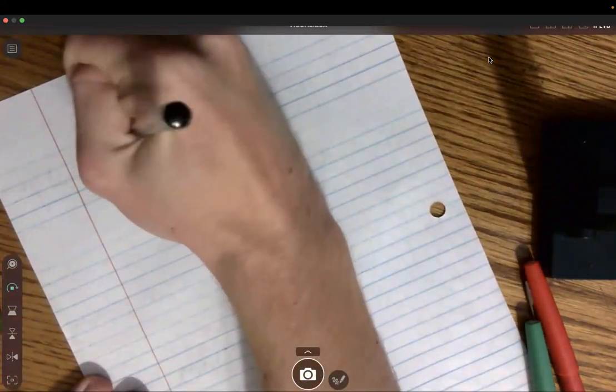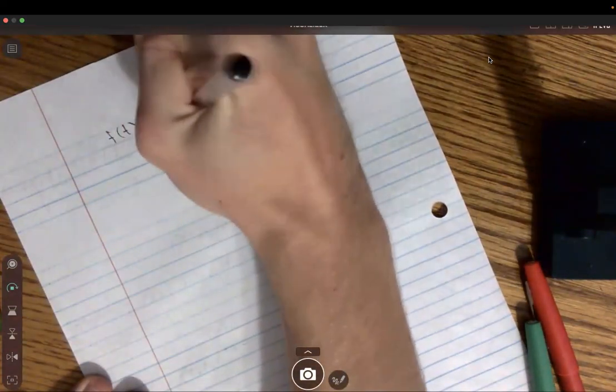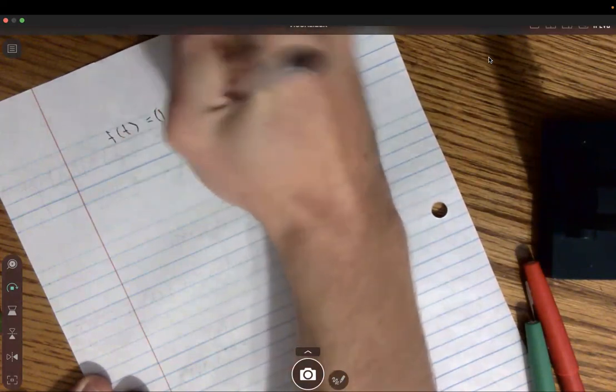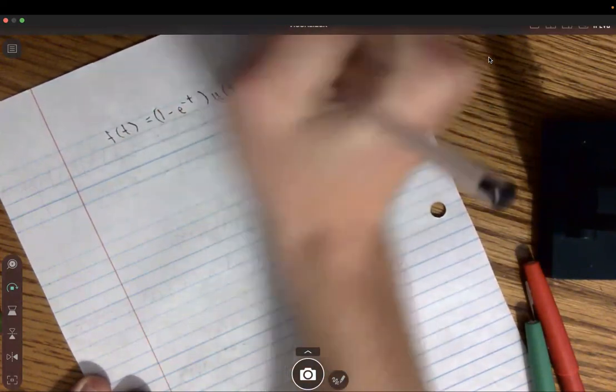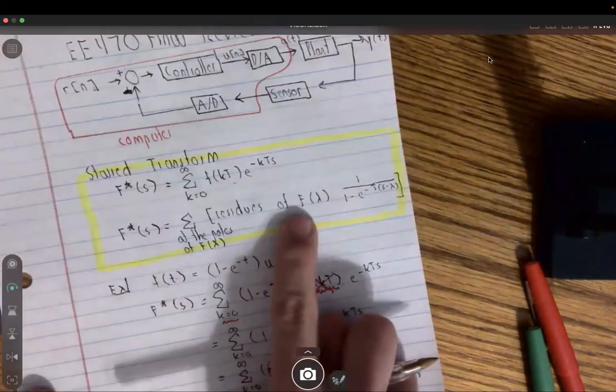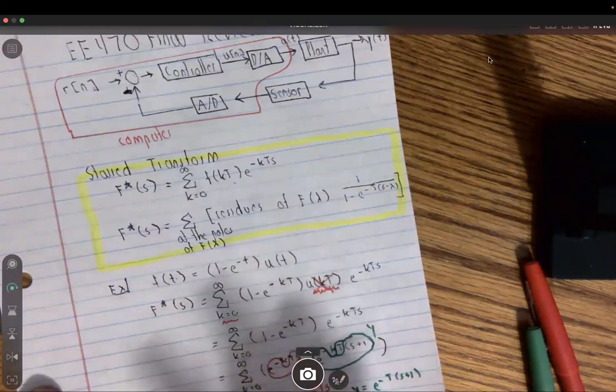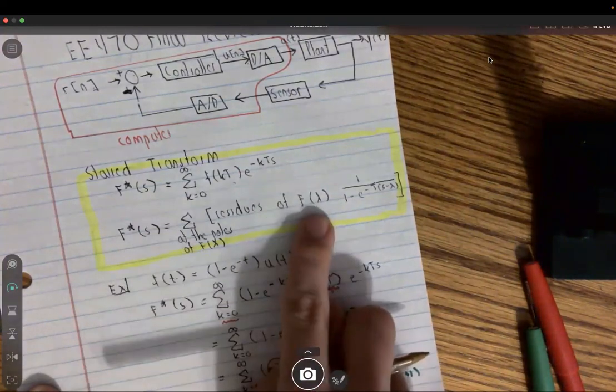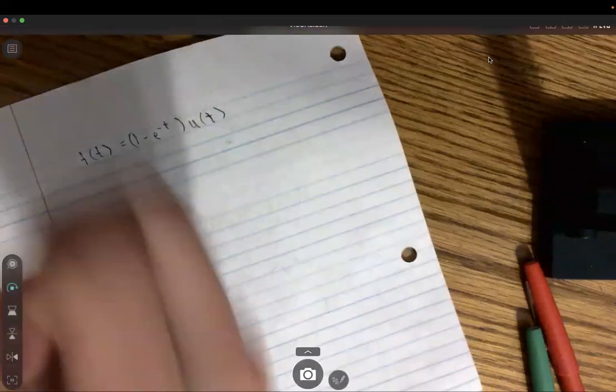But the alternative method, remember, f of t was equal to 1 minus e to negative t u of t. And remember how we said there's two definitions for the star transform that we often use. Well, the second one, remember, relied on the residue method here. So we're going to see how this one works, and I think this one's the better one to use in my opinion, so I would use that one.